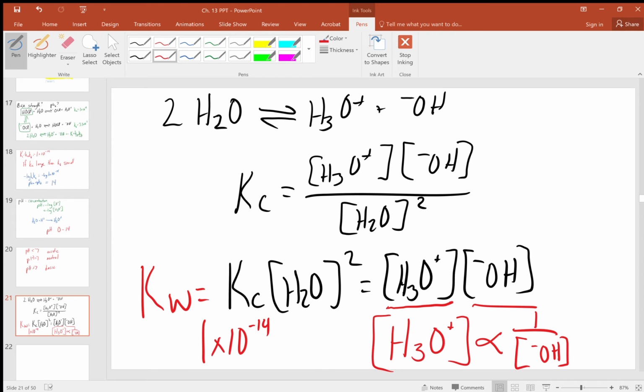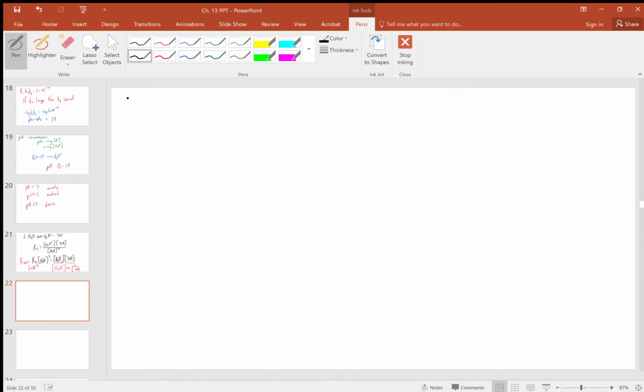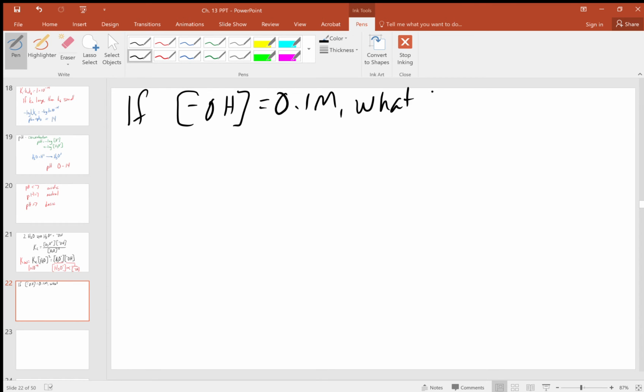So if we know any one term here, we can use it to calculate the other. And let's do that. So if in a solution the concentration of hydroxide equals 0.1 molar, what is the pH?